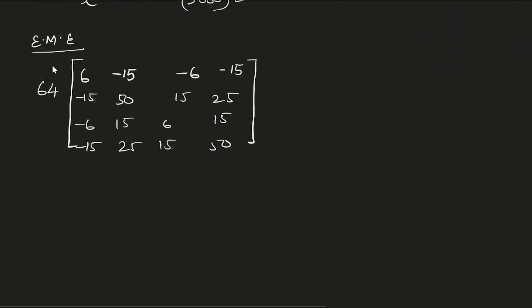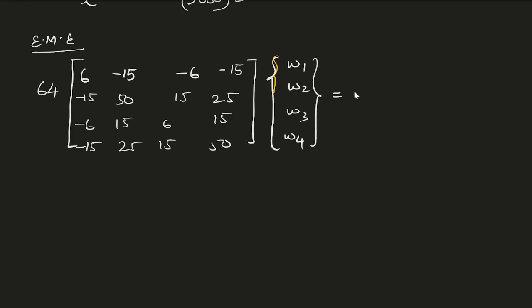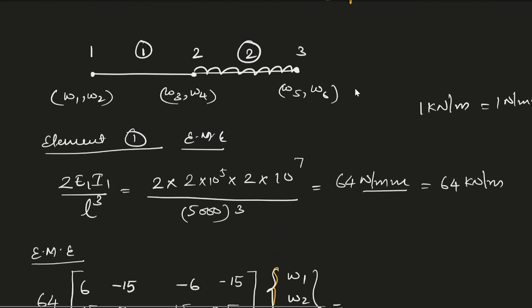I have multiplied those values. Since we are dealing with the first element, the numberings are W1, W2, W3 and W4. This will be equal to, now in the first element, do we have any UDL load?